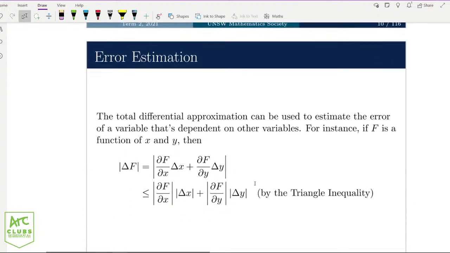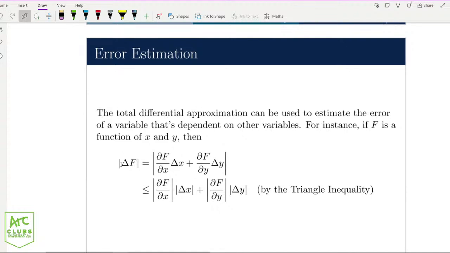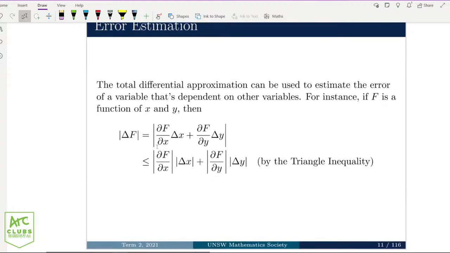All right, moving on to error estimation, which is extremely similar to the idea of total differential approximation that we just covered. The only difference is that we are essentially adding absolute value signs on both sides, and then we're using the triangle inequality to actually rewrite this expression so that it's smaller than or equal to this particular expression over here.